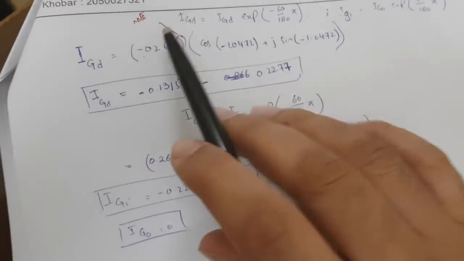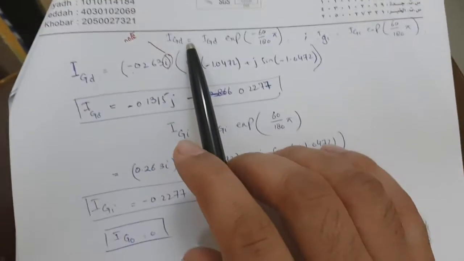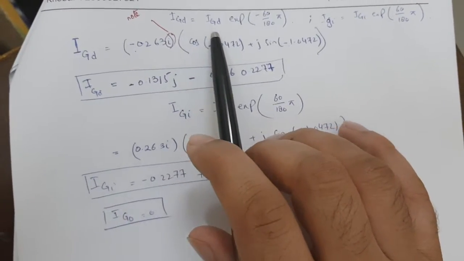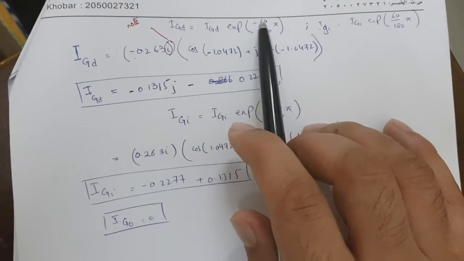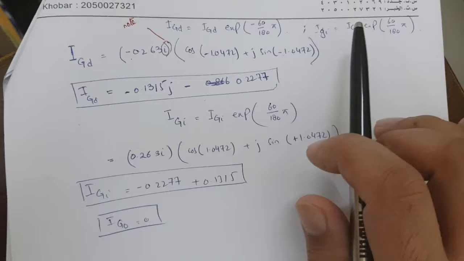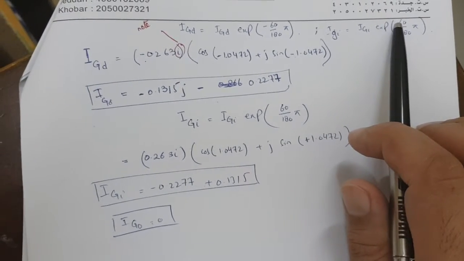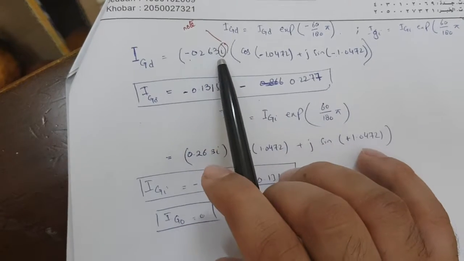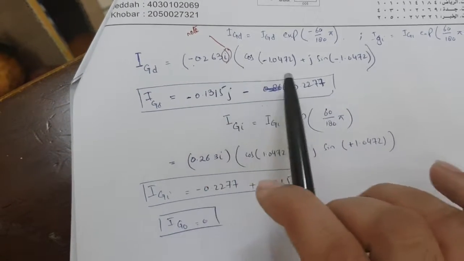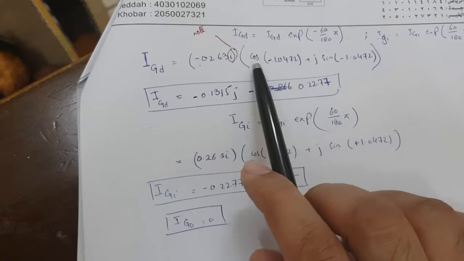Okay, you can see that for the positive sequence we have the current exponential of minus 60 as I already explained, and for negative sequence it will be plus 60. So put the value of IGD, just take note of the iota sign, it is very important, otherwise all your values will be changed.